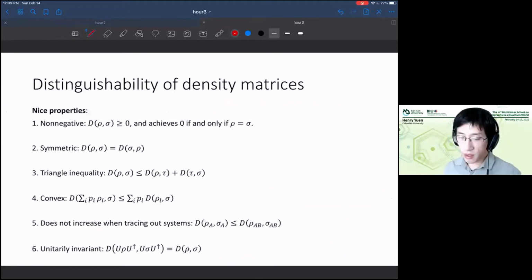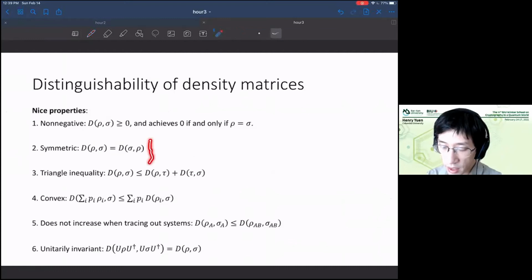There are some very nice properties of the trace distance that will come in very handy when you're reasoning about these density matrices. One thing is that trace distance is always non-negative, and it's only 0 when you really have the same density matrix. You can see from the definition that it's symmetric.